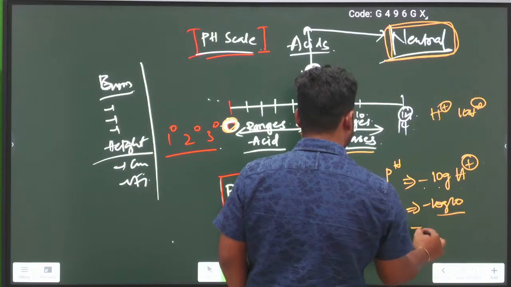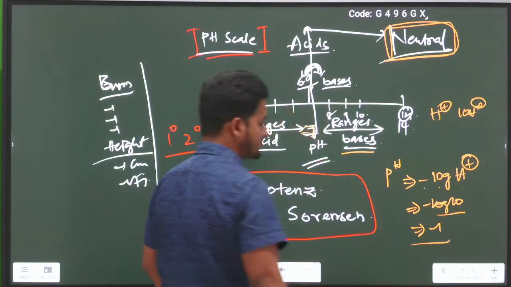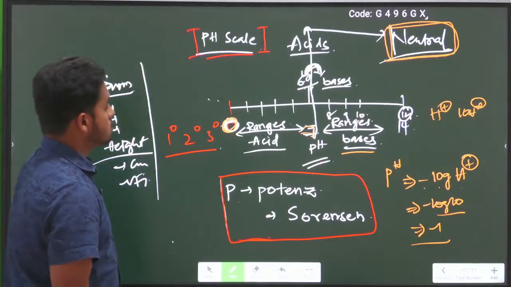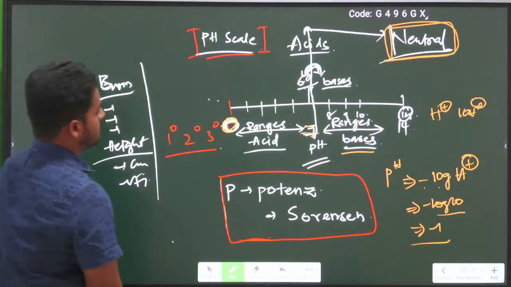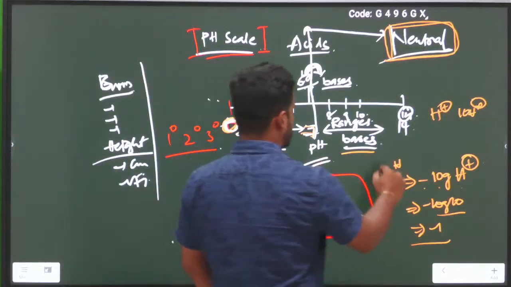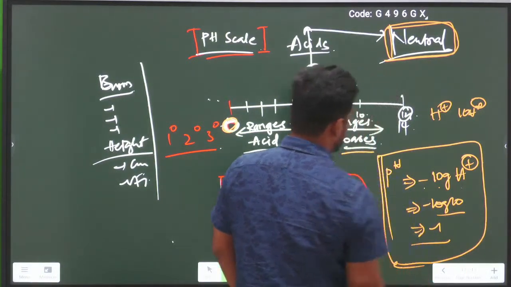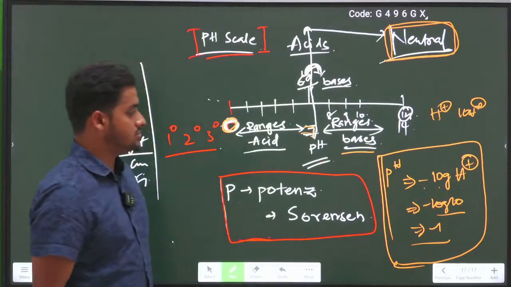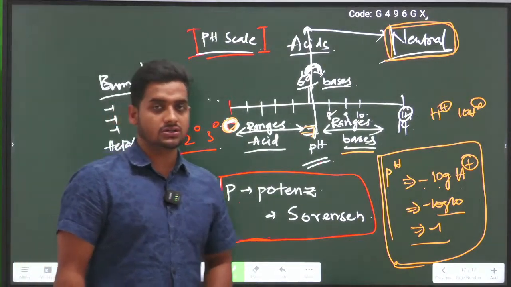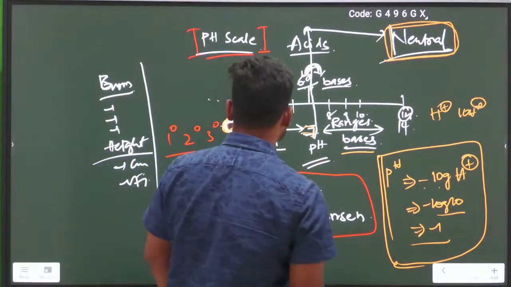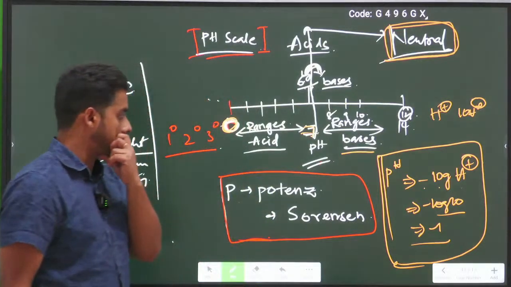Log 10 is 1. You are going to solve problems in such a way, but for your standard it is not much important. With your standard I can say that pH is equal to negative logarithm of H plus ions. This is nothing but the pH scale.